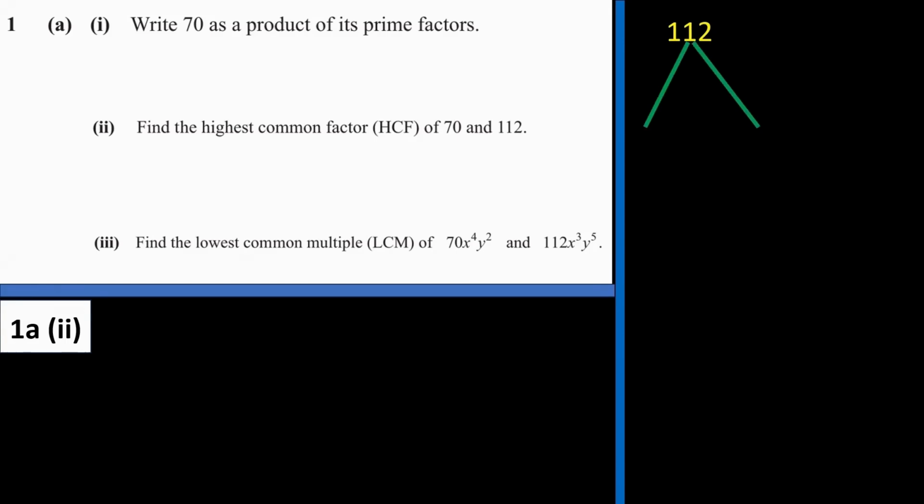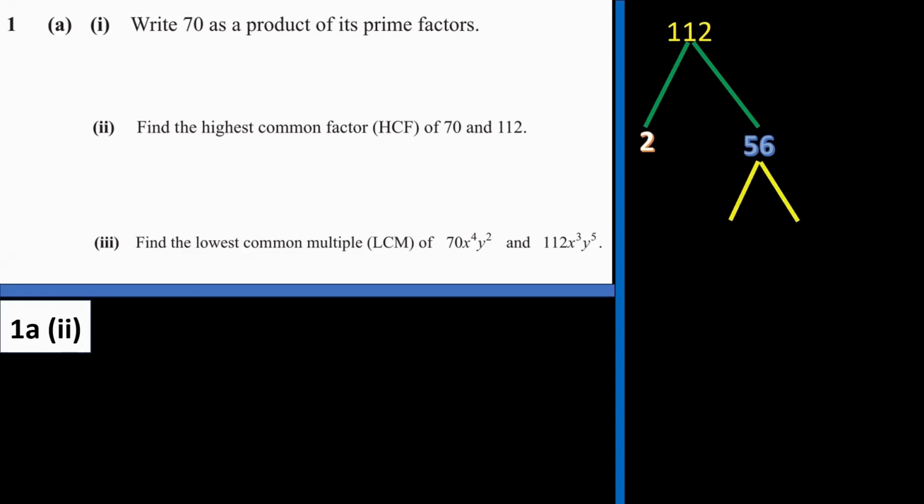And so we think of the smallest number that can divide 112, and that smallest number should be a prime number. That number is 2. 2 times 56 is 112. Again, let's break 56 into 2 parts, such that a part will be a prime number, the smallest.